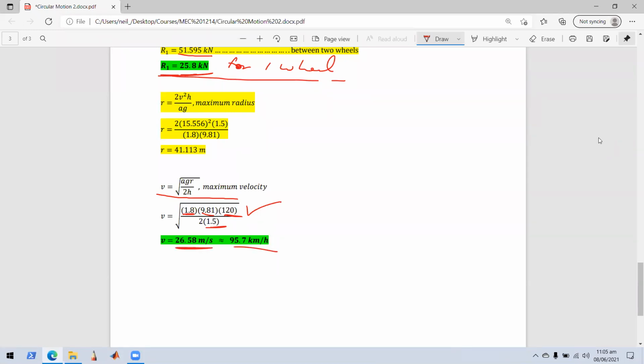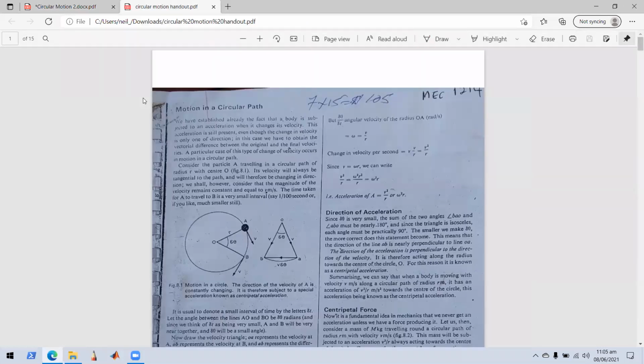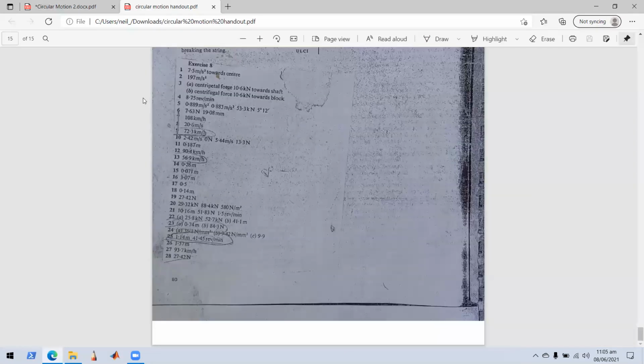Convert that into kilometers per hour, right? Multiply by 3.6. 3600 seconds, 1 upon 1,000 kilometers. We get 95.7 kilometers per hour. Now in the book, they had a mistake. The answer for 22 was 25.8 kilonewtons and 52.7 kilonewtons, which we got.